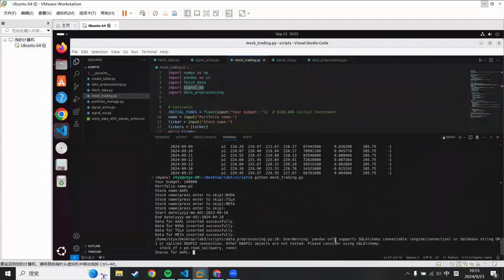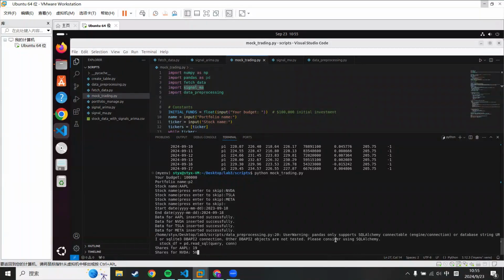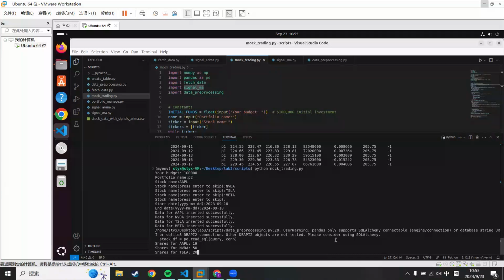We can see our data is inserted successfully. So now we need to give the shares of all these stocks. We just randomly choose some shares.